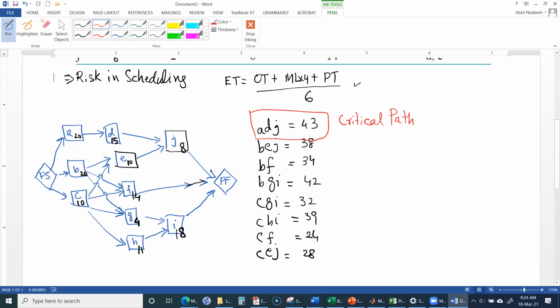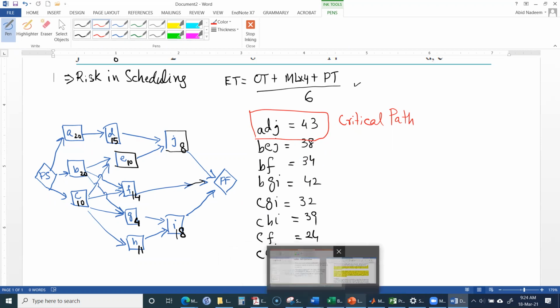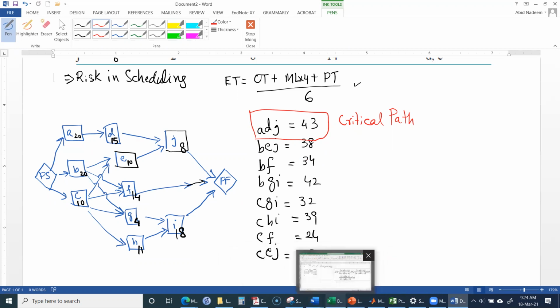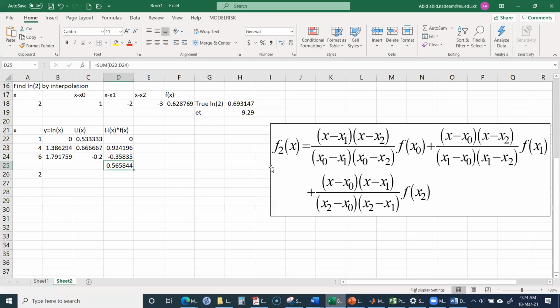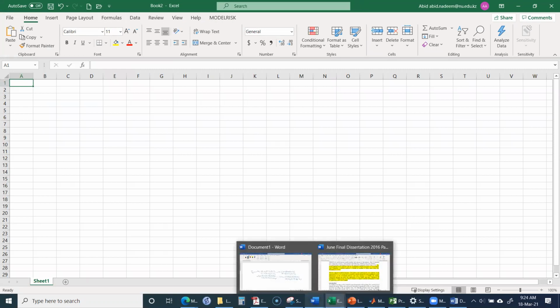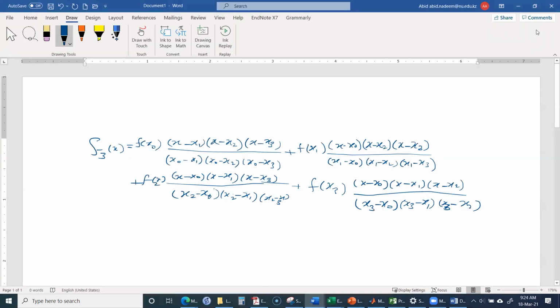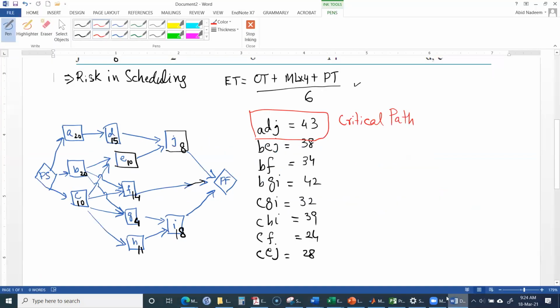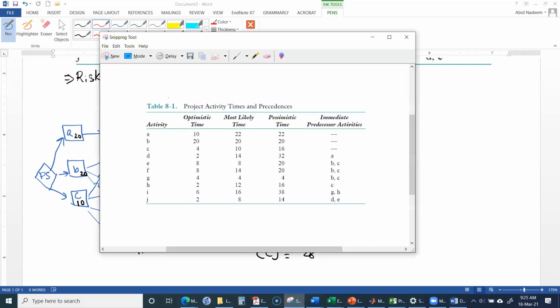For this I need to do the remaining work in Microsoft Excel. I will open this sheet, and I think it will be better for me to copy whatever I have done over here into Microsoft Excel.